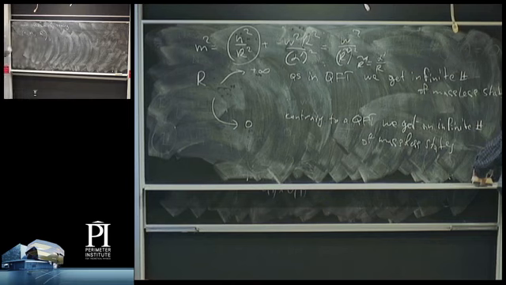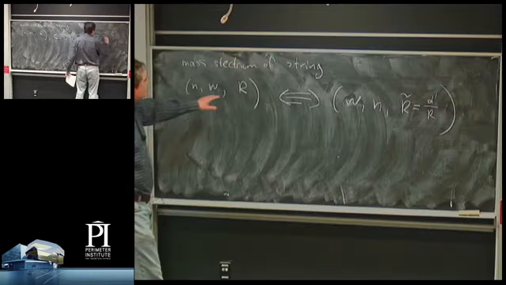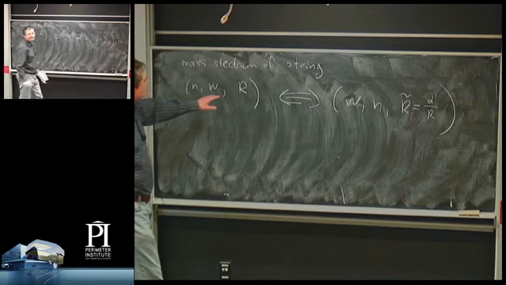And if you write down a mass formula, including these parameters, you will get an identical expression if you write down the formula with winding and momentum exchanged, and you go to a new radius, which is alpha prime divided by r.